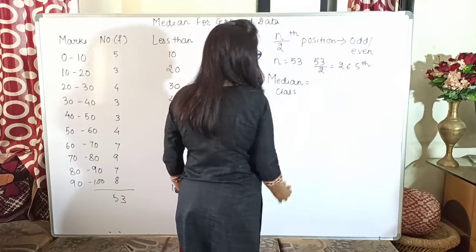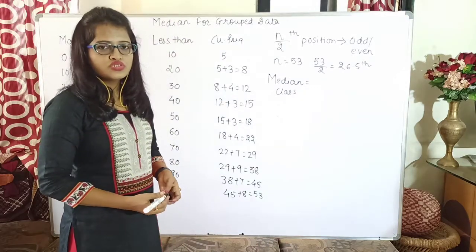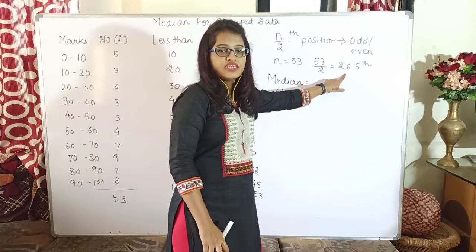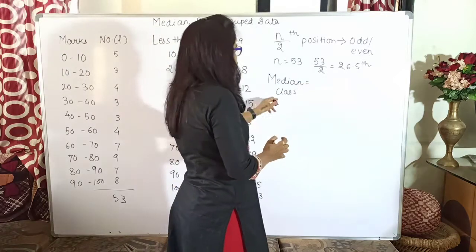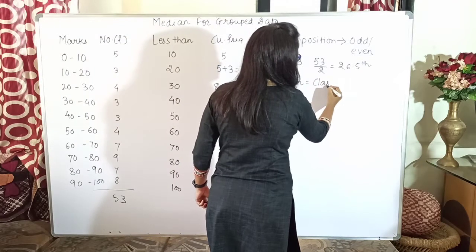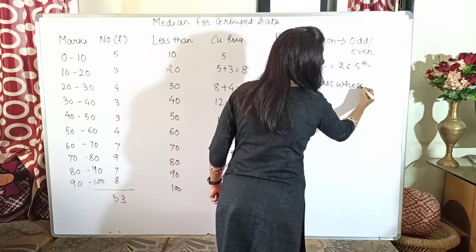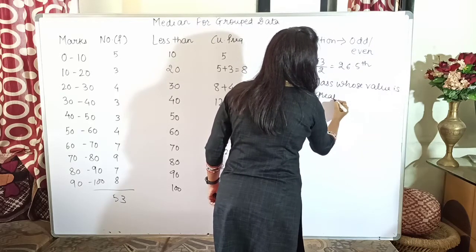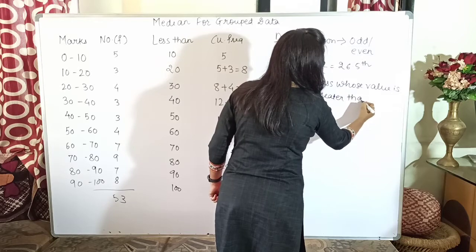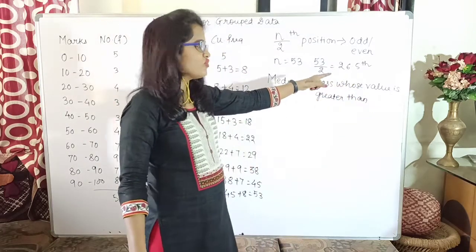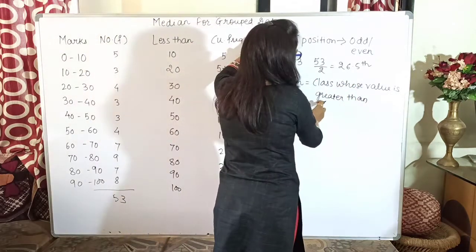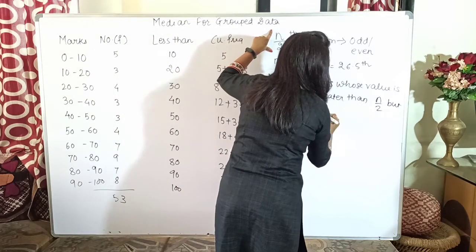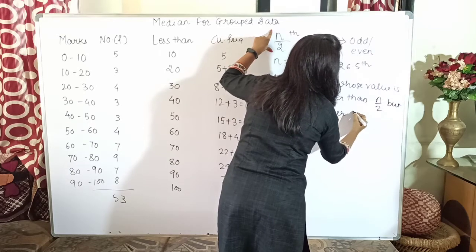The median class will be the class whose value is greater than this 26.5. From where have we got this? We have got this from n by 2. So whose value is greater than n by 2 but nearer to n by 2. Now what is meant by nearer to?